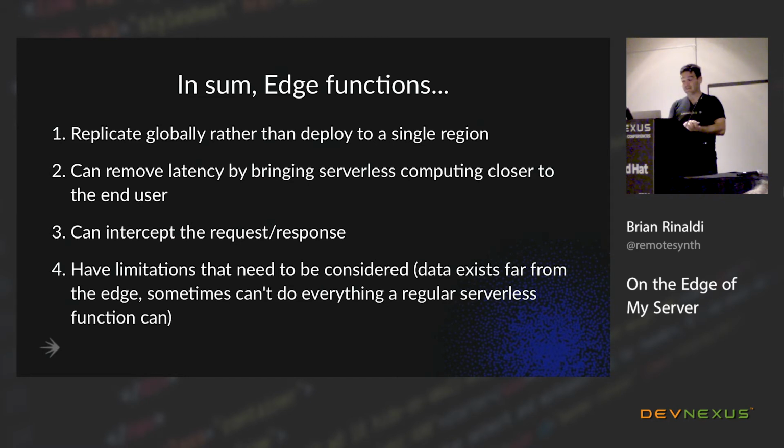This can remove some latency by bringing that serverless computing closer to the user. You can intercept the request and response, which makes for some interesting use cases. But they do have a number of limitations that you need to consider. Your data is not necessarily going to be there at the edge, and other pieces of your application that you might need to call may not be there at the edge. So you have to consider that they can't do everything a typical serverless function can in many cases.